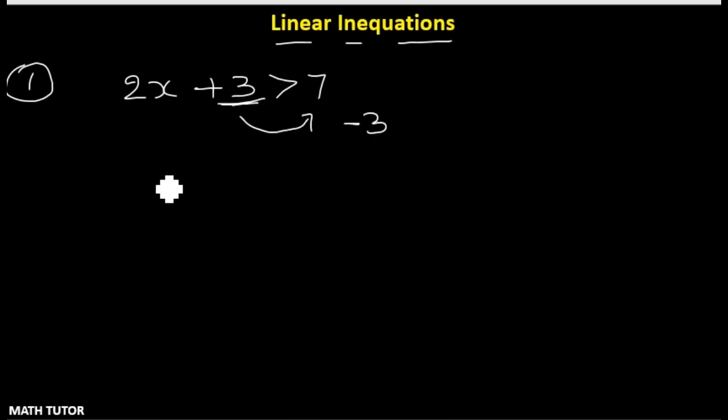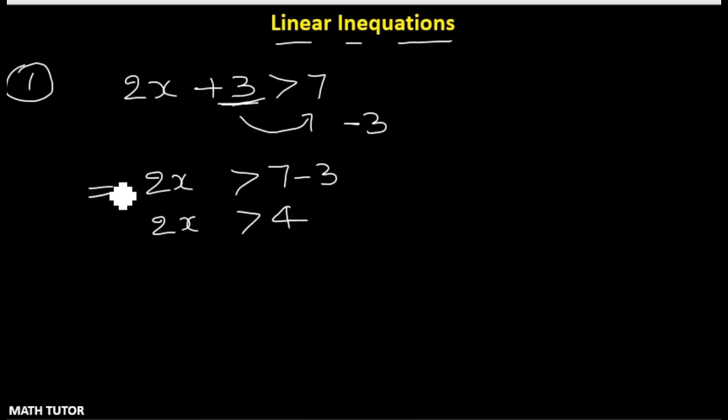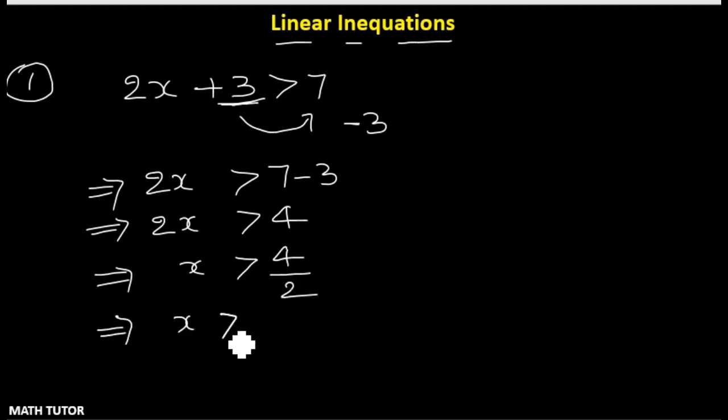So the same equation will become 2x greater than 7 minus 3. It's moving to the opposite side, so it becomes negative. 2x greater than 4. And the second rule we need to remember is, whenever there is a product, if the term is going to the opposite side, it will turn into a division. So it becomes 4 divided by 2, which implies x is greater than 2.